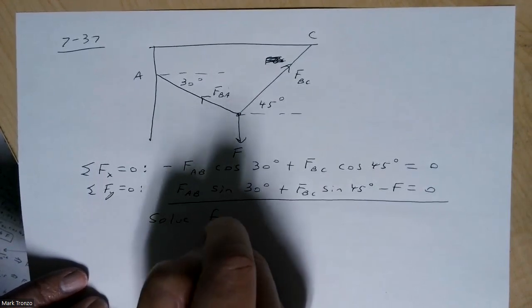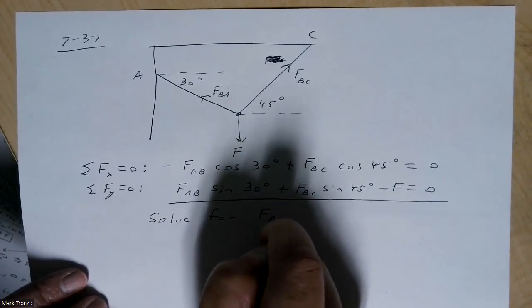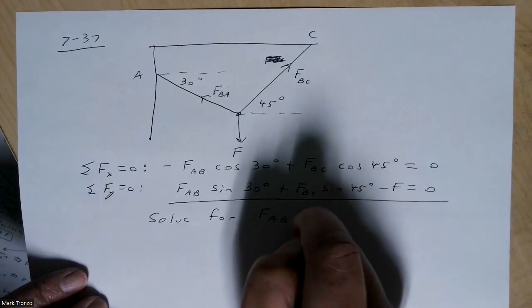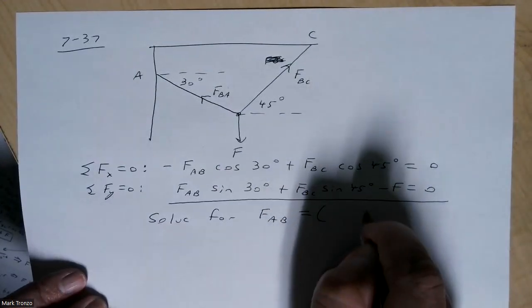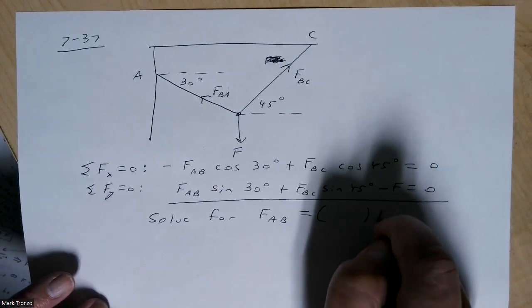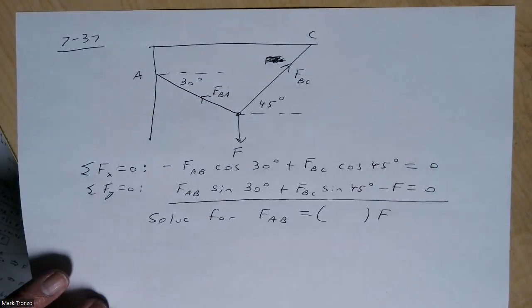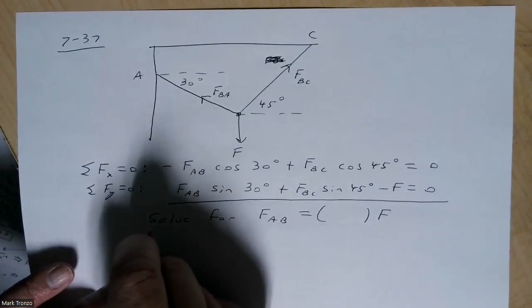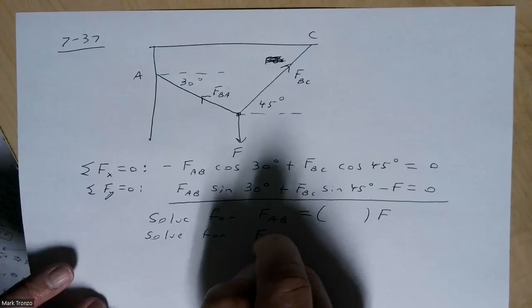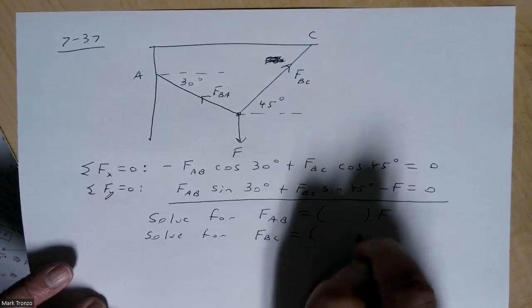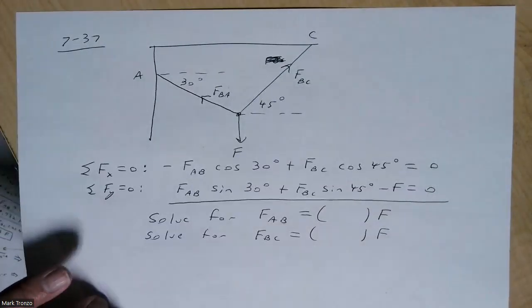Solve for FAB in terms of F. So you'll have some number times F. And then same for FBC, you'll have some number times F.